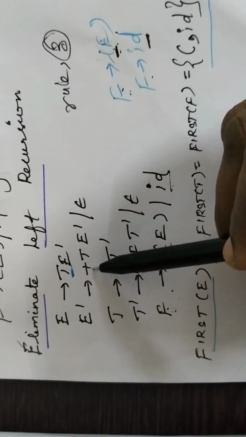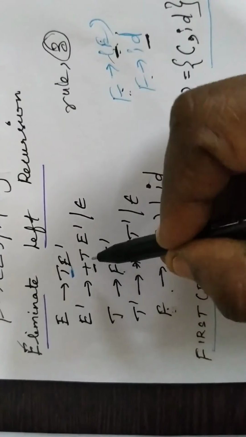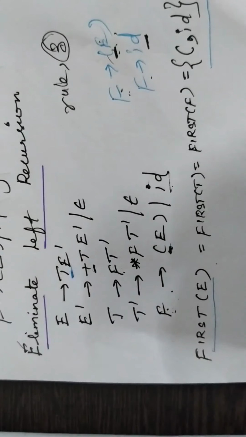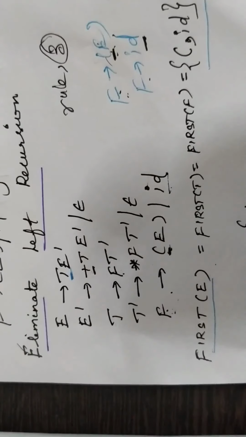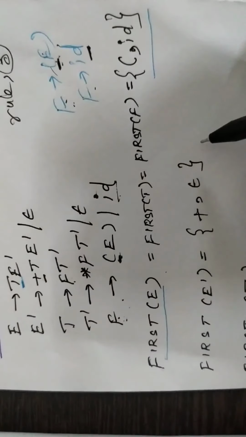Plus is a terminal, not T, plus is a terminal. The first symbol is a terminal, so we have to add it. And epsilon, epsilon also we have to include. In first we can include epsilon, but in follow we should not include epsilon. This is a rule. So first of E dash is plus as well as epsilon.